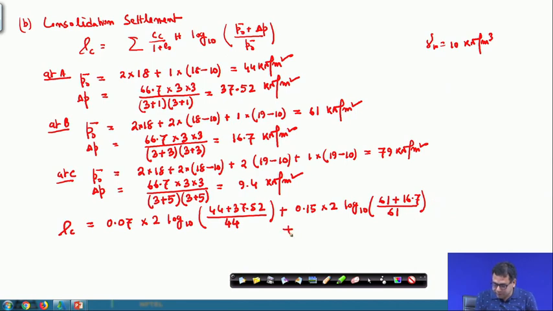For the third layer, this is 0.12, thickness of the third layer portion within the influence zone is 2 meter, then log10, it is 79 plus 9.4 divided by 79. So, the total settlement is 80.75 millimeter.